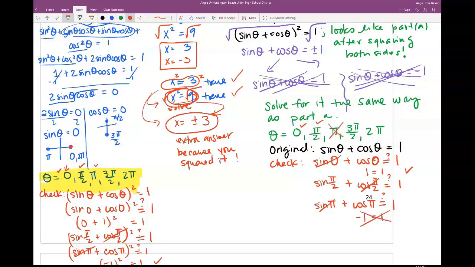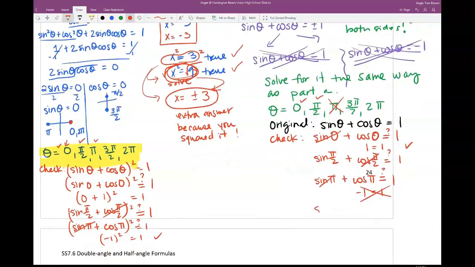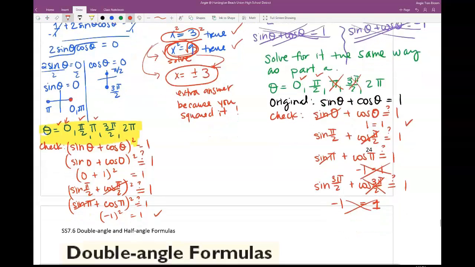So you see the difference between A and B? And then how about 3 pi over 2? Kind of the same thing, right? So sine of 3 pi over 2 plus cosine of 3 pi over 2, is it 1? Well, cosine of 3 pi over 2 is 0. Sine of 3 pi over 2 is negative 1. Negative 1 does not equal 1. Okay, so that doesn't work. How about 2 pi?